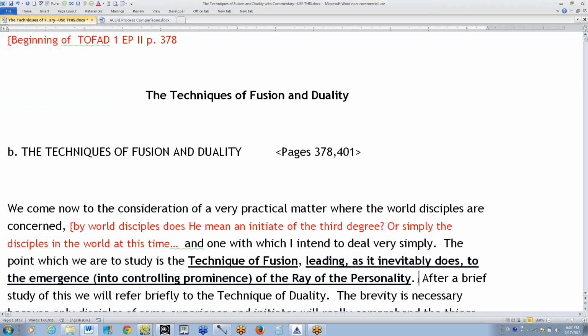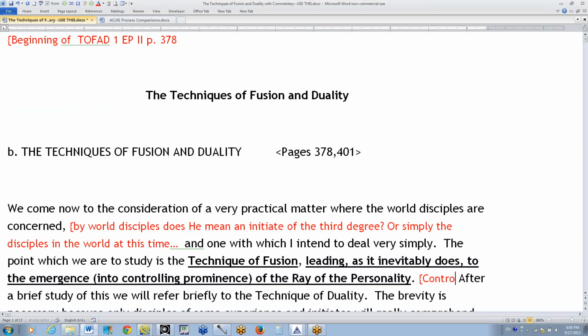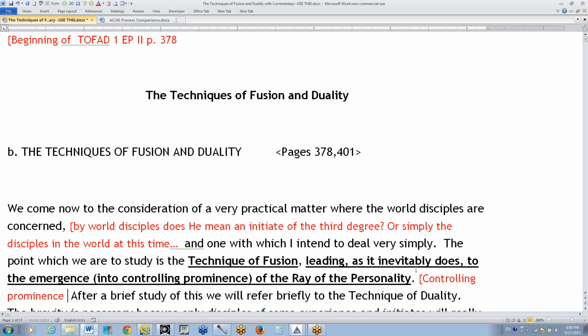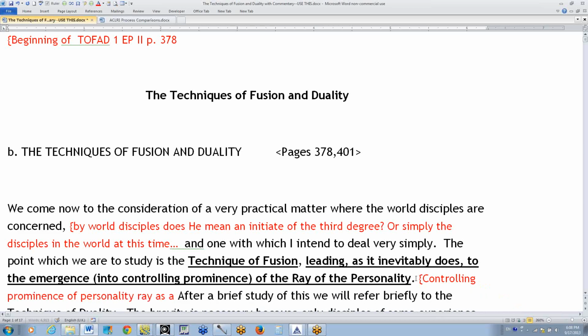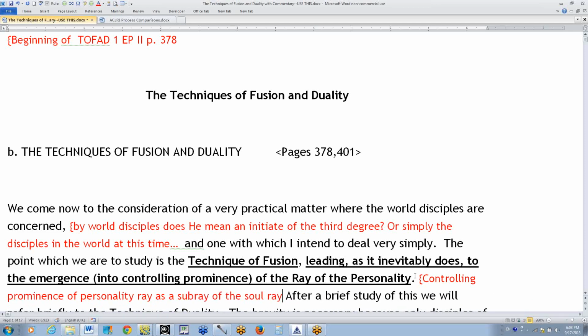And I would suggest the following. Controlling prominence of the personality ray as a subray of the soul ray.